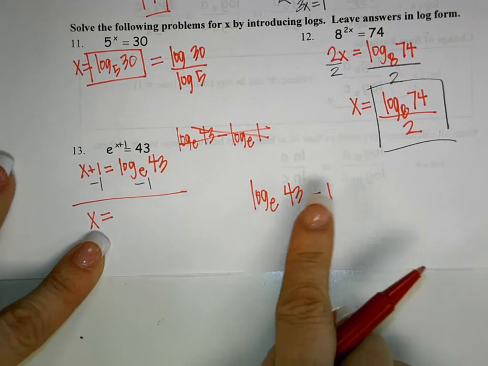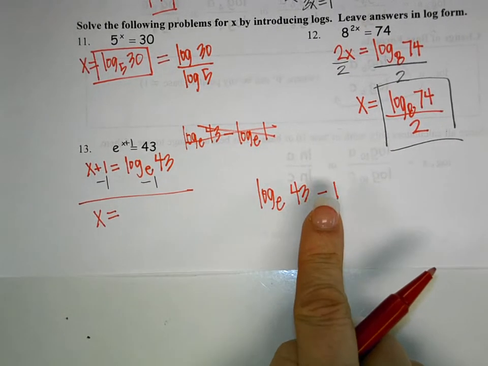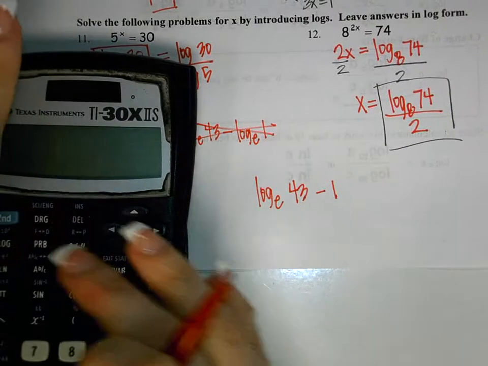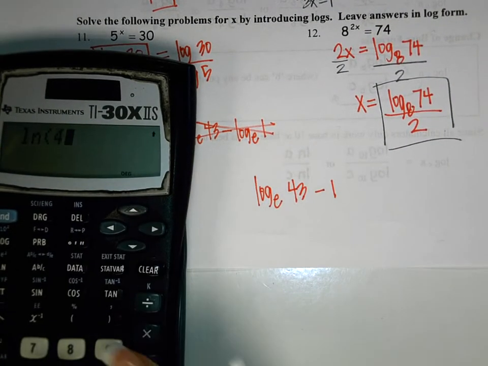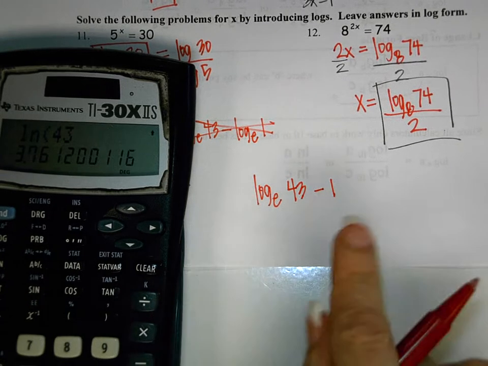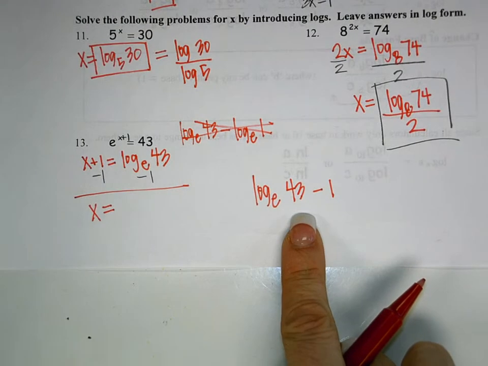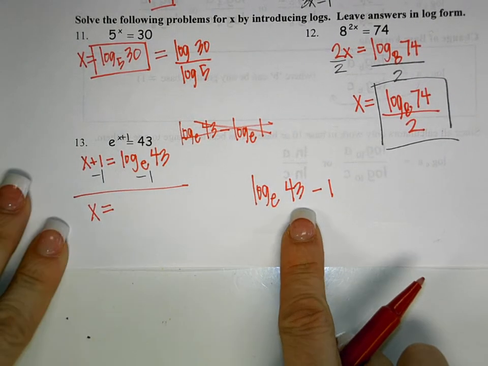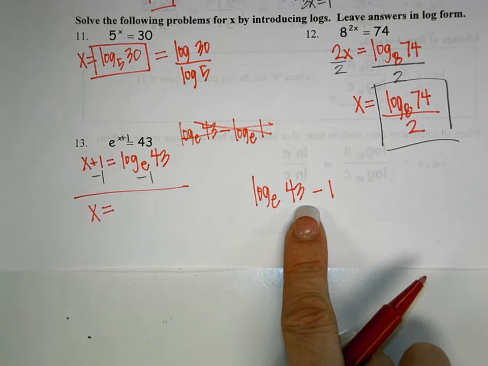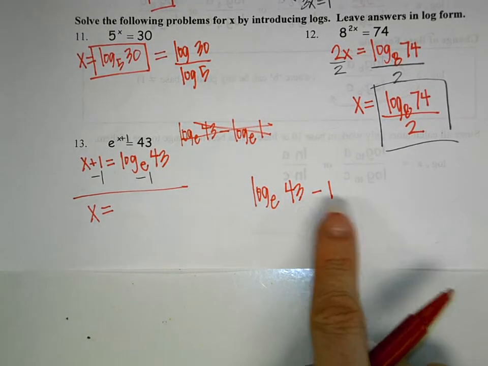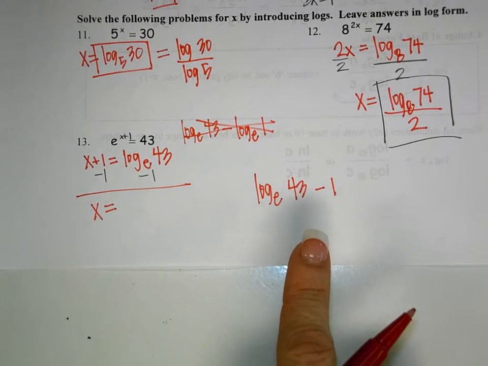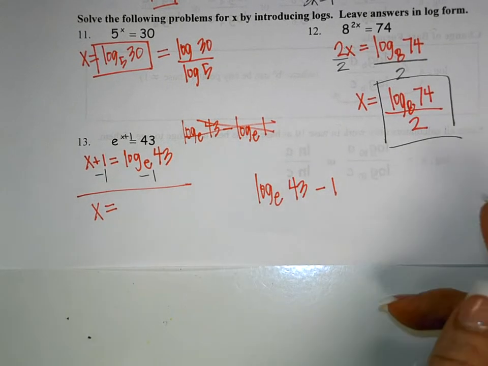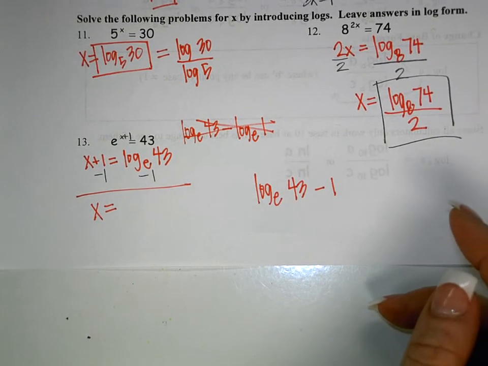The natural log of 43 on a calculator is actually 3.76. Do I really mean 3.76? Am I really supposed to do the log of 42? Or would I really be supposed to do the log of 43 and then subtract 1? Which one comes first? It's difficult to know, right?